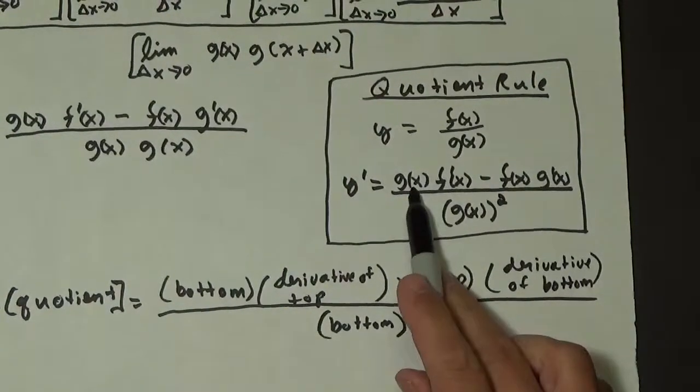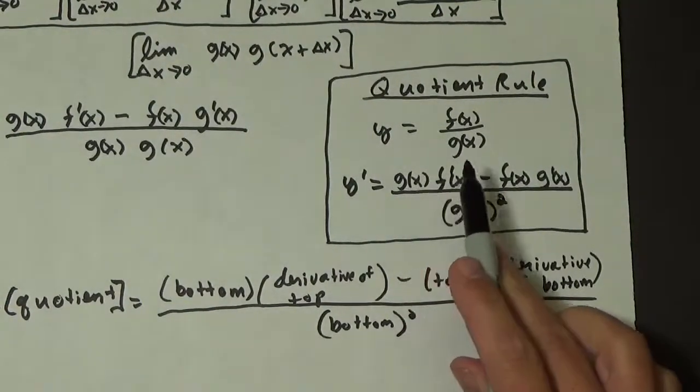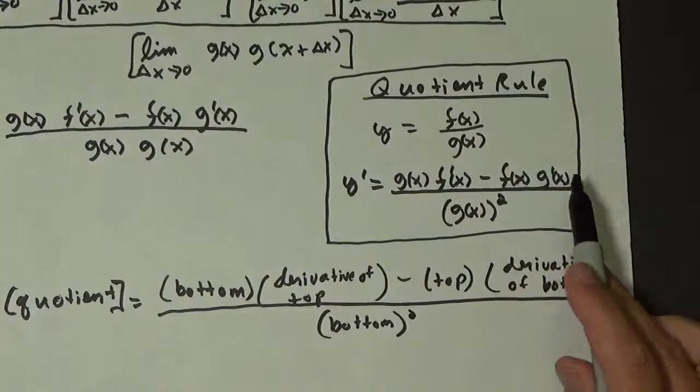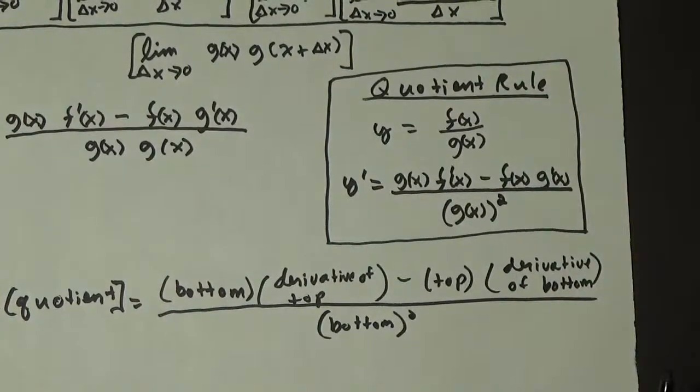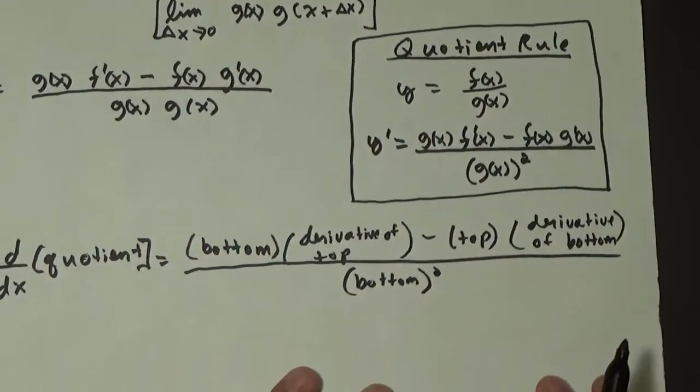That's what this says. The bottom times the derivative of the top minus the top times the derivative of the bottom all over the bottom squared. Okay.